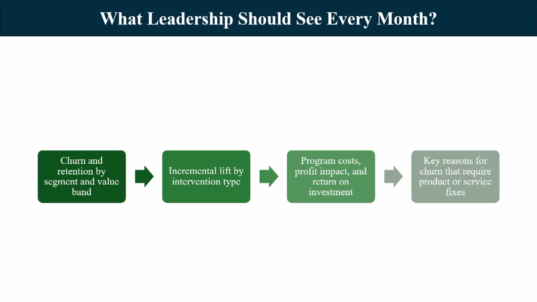Now, what should leadership see every month? Customer behavior is an evolving phenomenon. It is not a static phenomenon, especially in dynamic market conditions. So, you need to keep updating the assumptions, the calculations, and the metrics. First step that you can do is churn and retention by segment and value band.